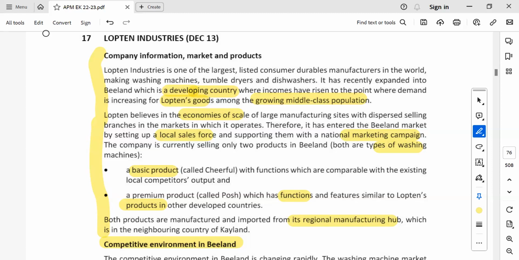Really good to see this. Both products are manufactured and imported, regional hub. Developing country with growing middle class. Okay, income is rising and demand is also high.